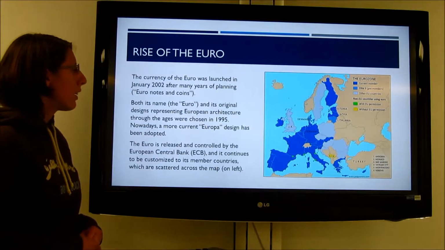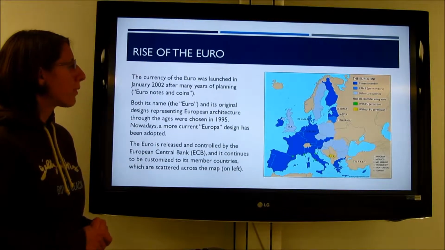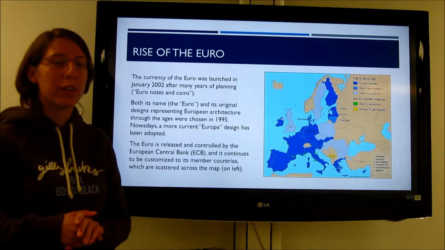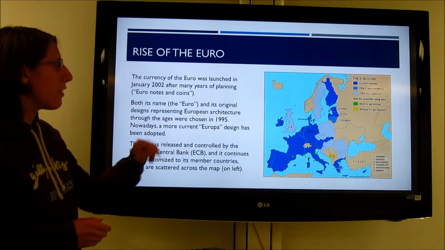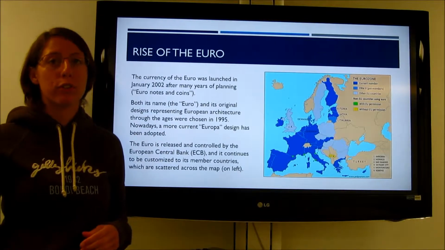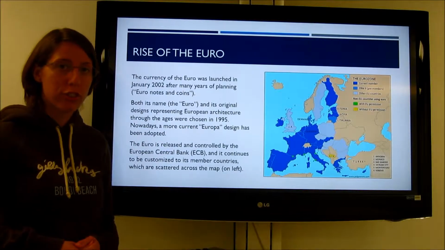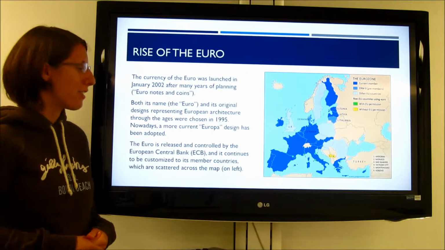Now the euro came from the Greek word for Europe, and Europa is a design they are going to have very soon, but in the past they've used architecture all over Europe for the design of the currency.